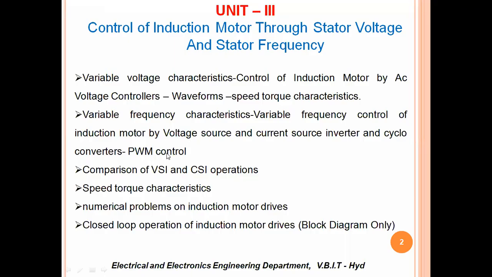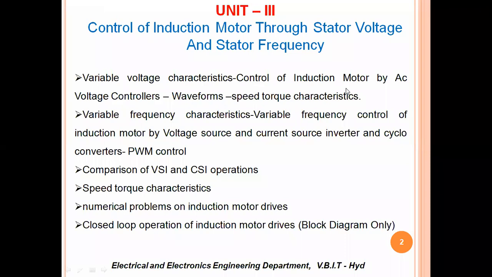And the PWM control. We know PWM is pulse width modulation. With the help of pulse width modulation, we can control the speed of the induction motor. How the PWM control can be carried out, that also we will see in this concept. These are the major topics. Only two major topics: one is variable voltage characteristics, and the second one is variable frequency characteristics.